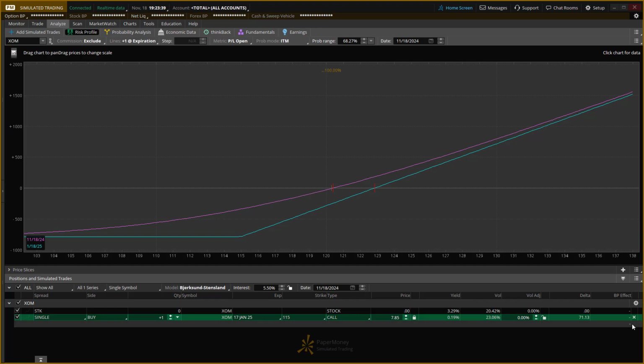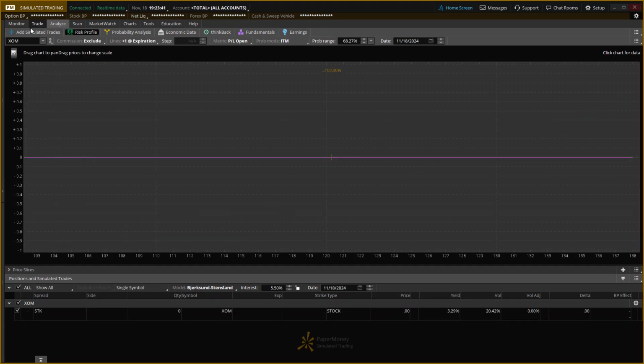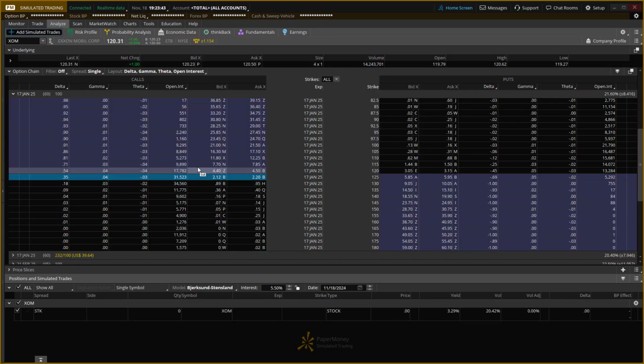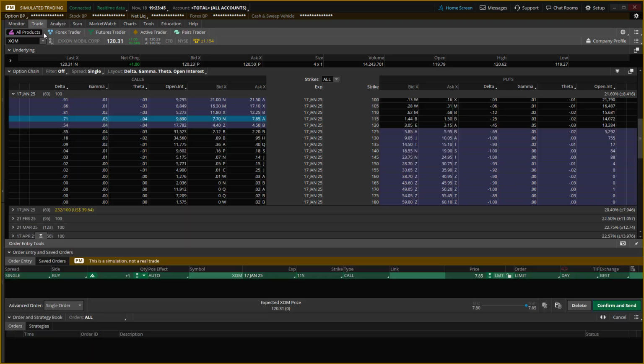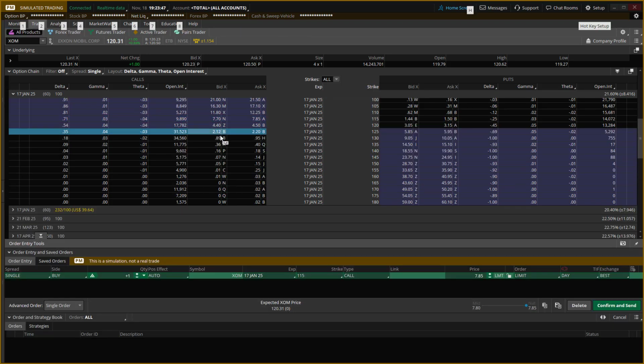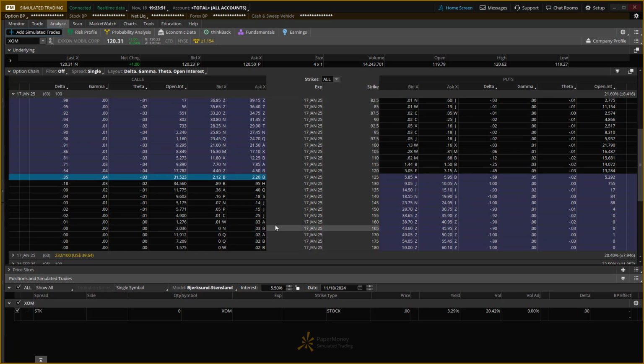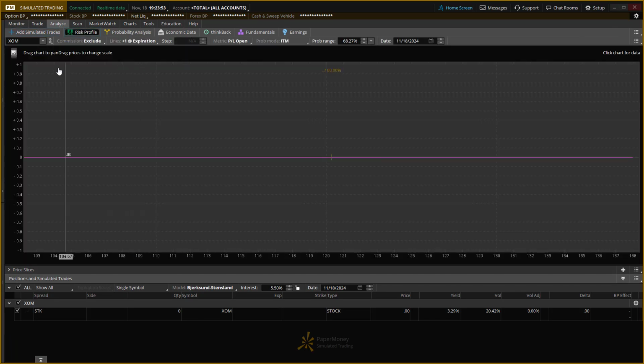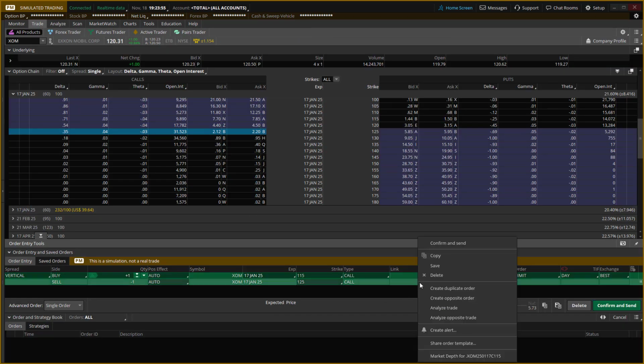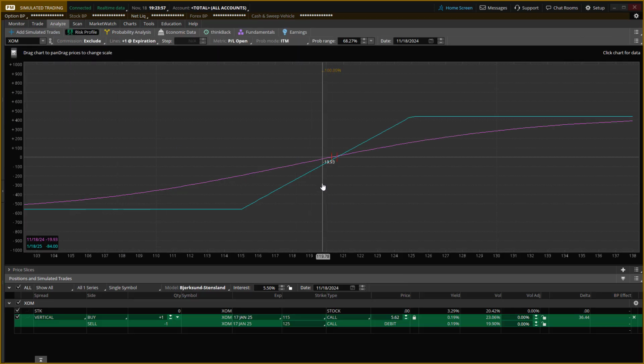So by putting in that short strike on this trade, I have lowered the risk to my overall stop loss on this trade by almost half. So the loss with the short strike is almost half of what it would be if I just had the long call option alone.